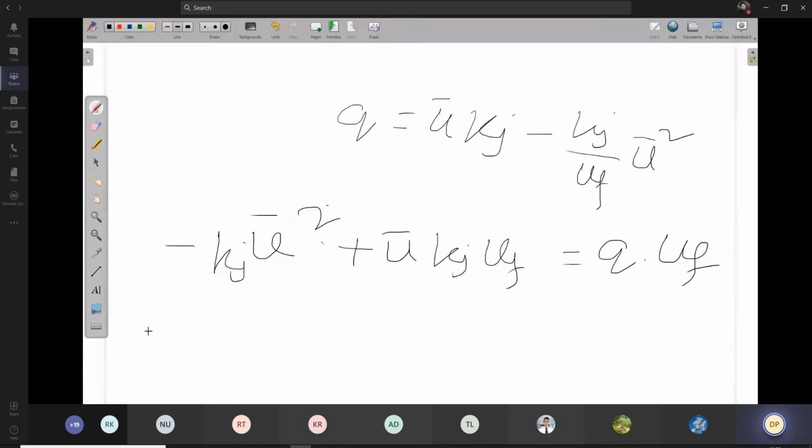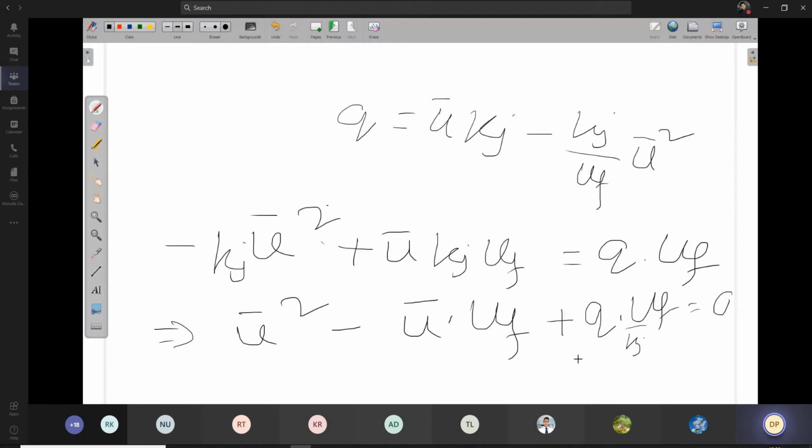Or I can write u bar square minus u bar into uf plus q into uf by kj is equal to 0. That is, u bar square plus uf by kj into q minus u bar into uf is equal to 0. This equation I can write.